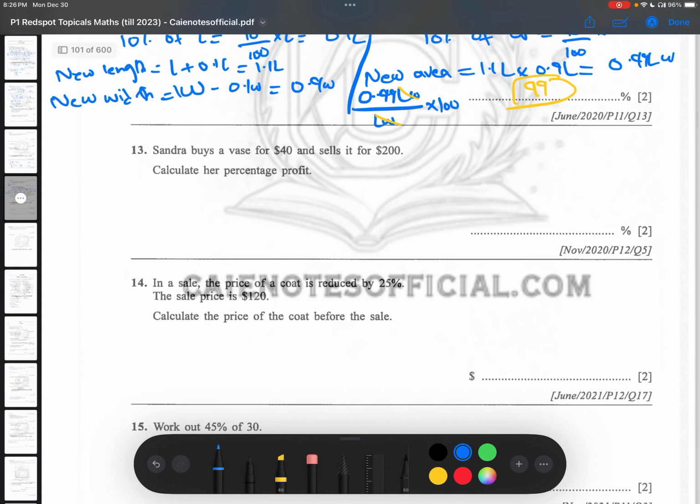Question number 13 says Sandra buys a vase for $40 and sells it for $200. Calculate the percentage profit. So when she sold it for $200, the profit she got is $160.